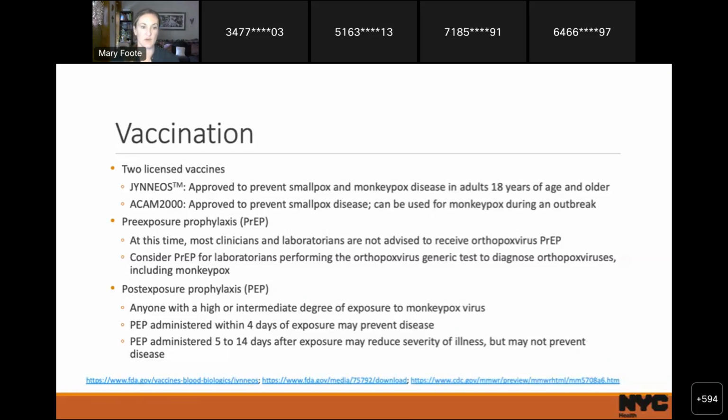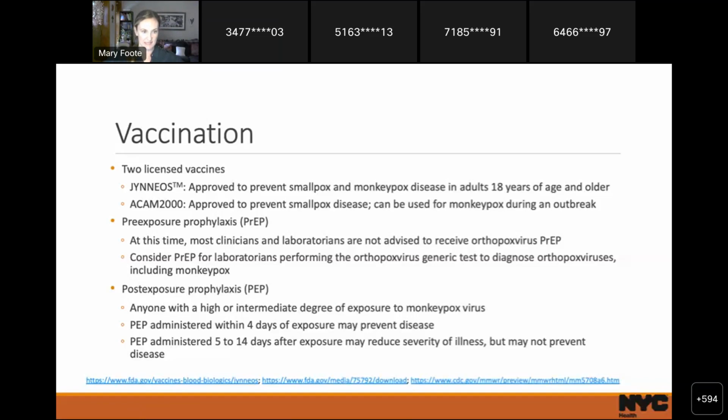But we are considering PrEP for laboratorians specifically working with orthopoxvirus testing, including monkeypox. But in general, we'll talk a little bit more, it's not necessarily indicated for most clinicians.